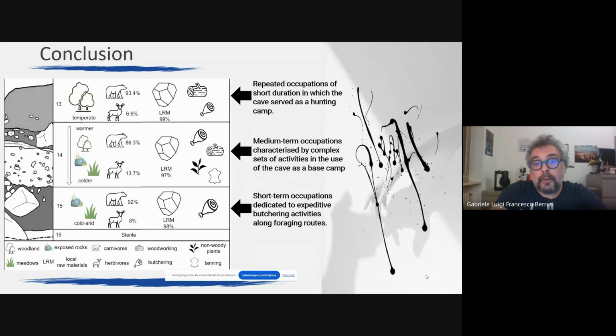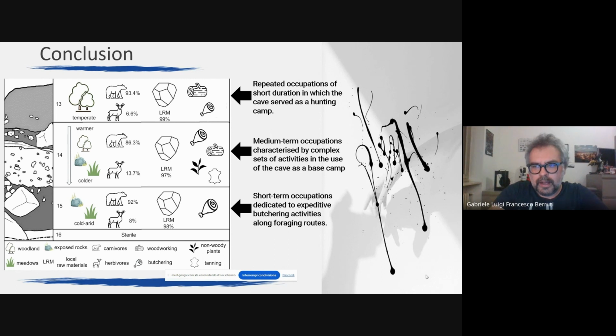In this case, our interpretation is that unit 13 is the result of a lot of occupations of short duration, and that during these occupations the cave was used as a hunting camp. For unit 14, we have a lot of difference.